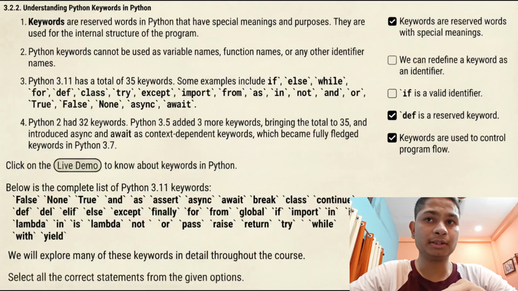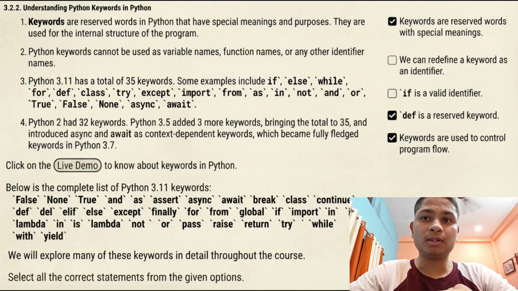So you have to print only keyword.iskeyword, and it will automatically give you a boolean value, true or false.